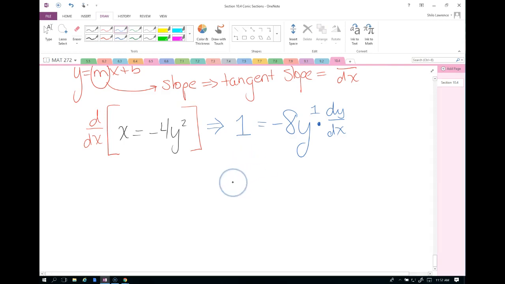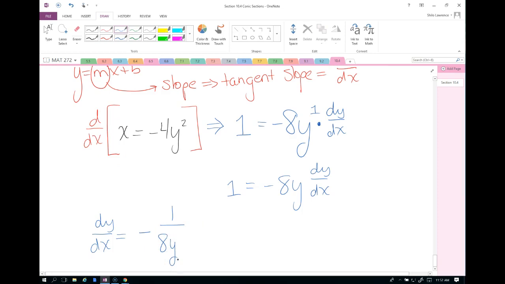So if we clean this up a little bit, we've got 1 is equal to negative 8y dy/dx. And we can solve this for dy/dx, because dy/dx is where we get tangent slope. So to solve for dy/dx, we've got to divide the negative 8y over to the other side. So we get negative 1 over 8y.